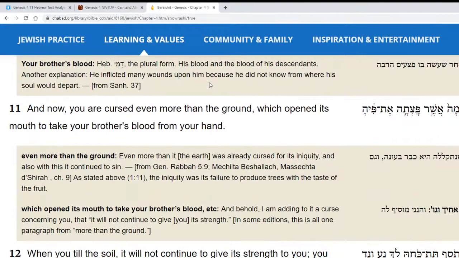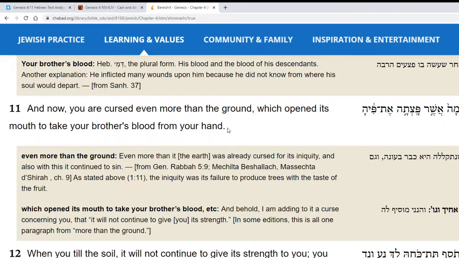Let's see what Chabad says. And now you are cursed even more than the ground. Aha, right? So God cursed the ground earlier, right? And here it says now you're more cursed than the ground, which opened its mouth to take your brother's blood from your hand.